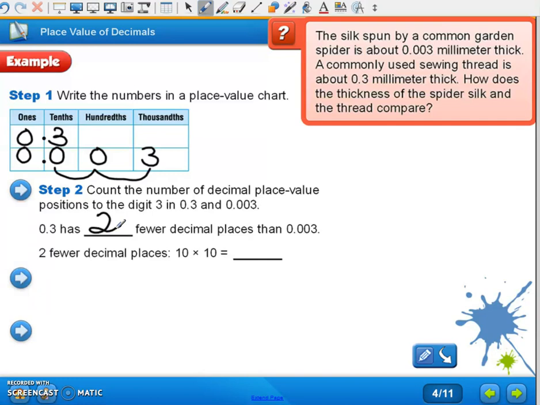That means they've taken that 3/10 and divided it down one time by 10, and then divided it again by 10. So 2 fewer decimal places is 10 times 10, which is what? 100. We learned that clear back at the beginning, didn't we? Yep. Okay.